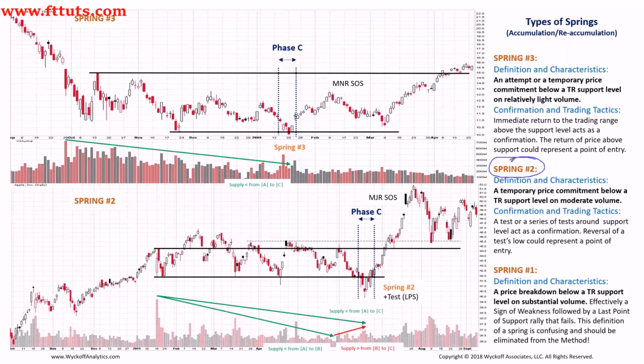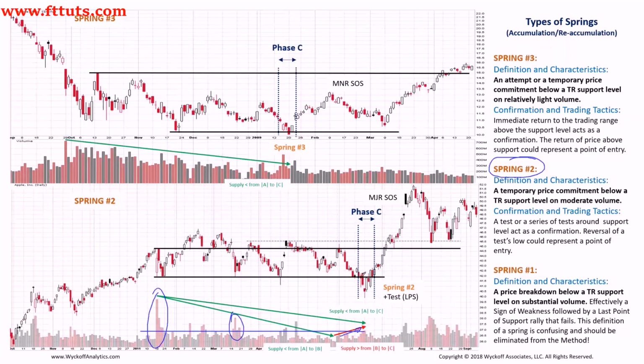Sprint number 2 is going to have the same principle behind it, but it's going to be associated more with weak hands panic, mini panic rather, where supply signature will increase and therefore the volume signature overall will increase, but it's not necessarily going to be as high as phase A signature or maybe phase B shakeout type of actions.